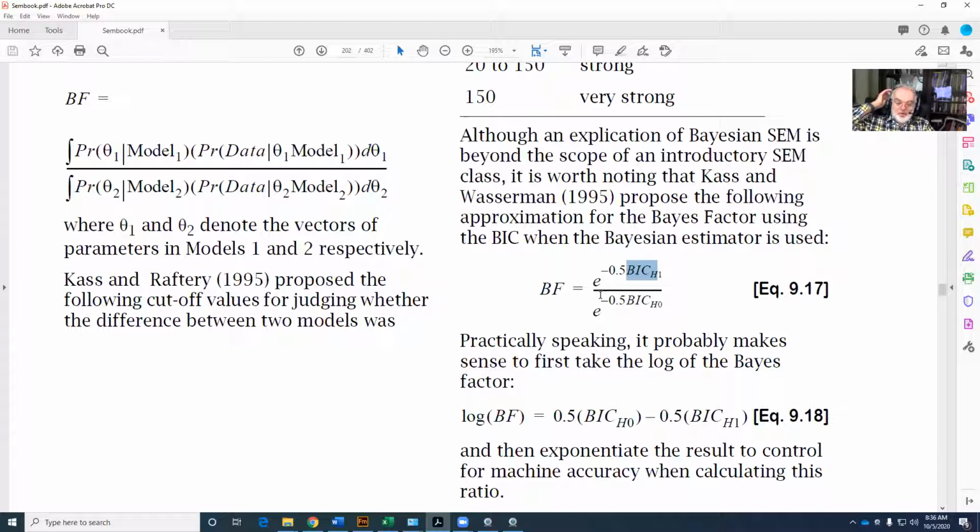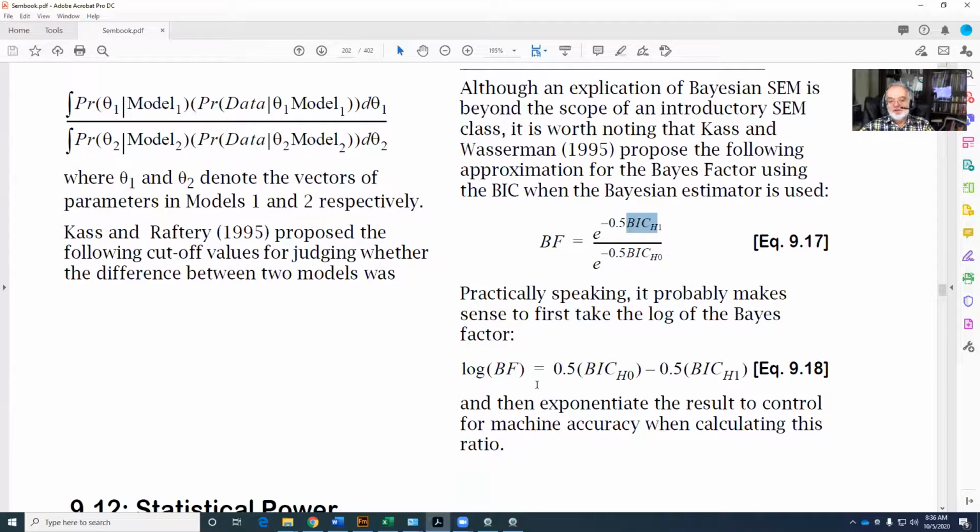So one way to handle this is to first take the natural logarithm. The natural logarithm of e to something is this term, and dividing with natural logarithms is subtracting. So if that's the case, the logarithm of the Bayes factor is 0.5 times BIC for H0 minus 0.5 times the BIC for H1.